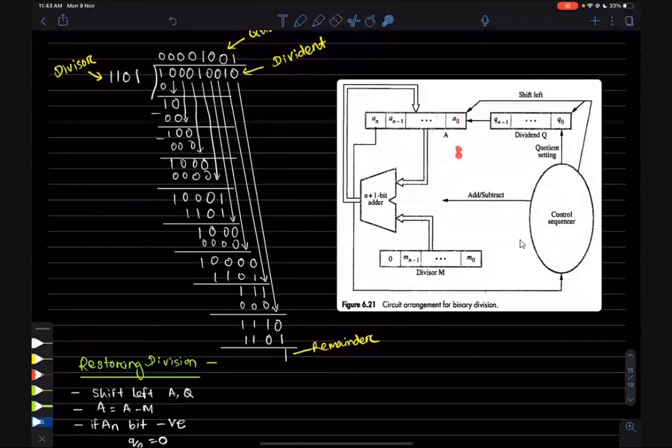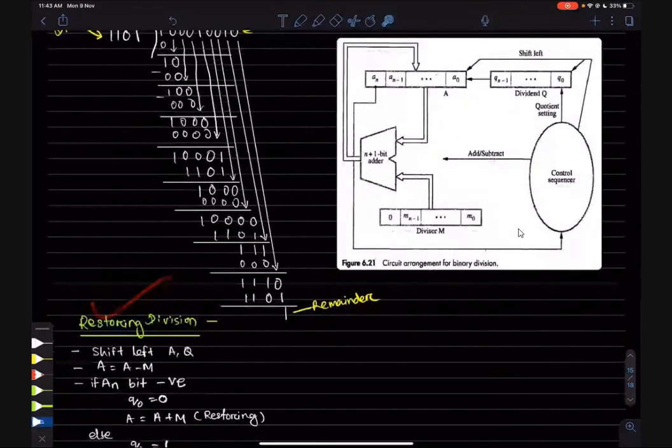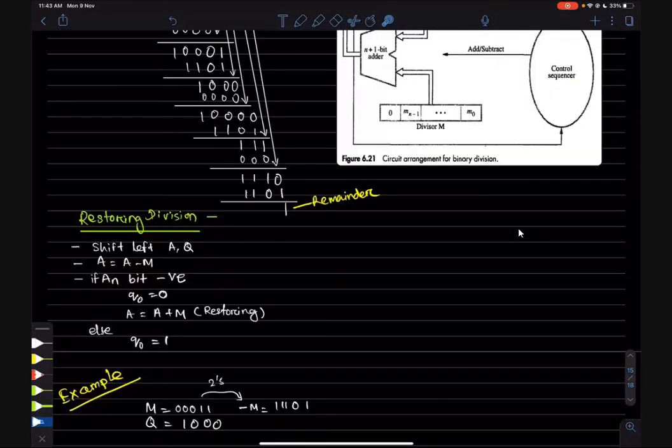Then we do 1 minus 1101, and that result will be negative. Negative result means the division operation failed. So we have to restore the value of A to the original value. What is the original value? 0001. That's why it is called restoring division. We will see the example, then you will know.